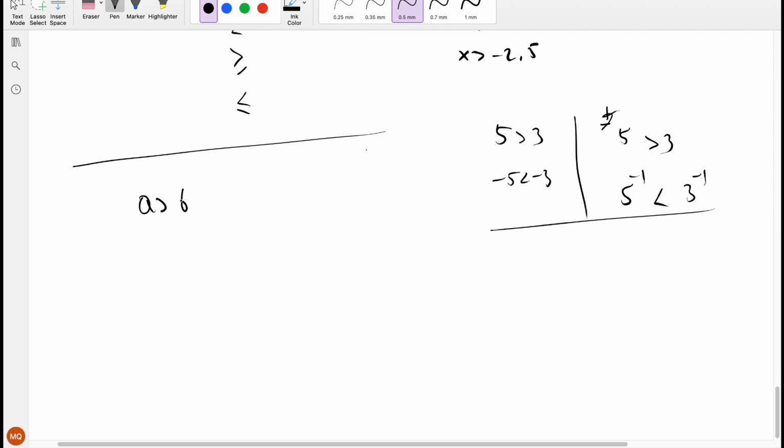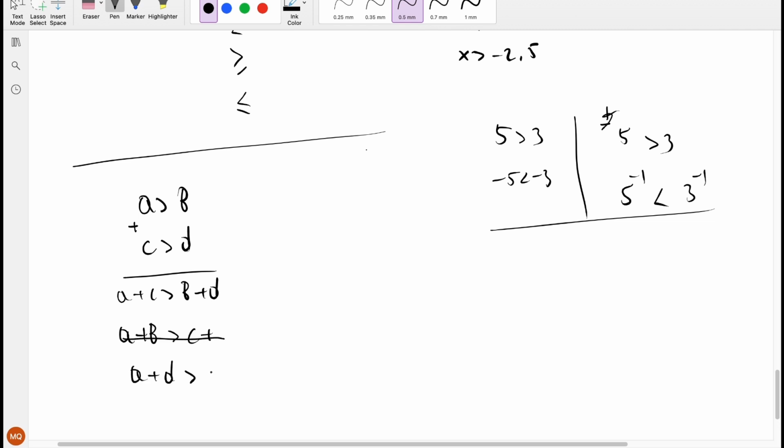When A is bigger than B and C is bigger than D, you can add the greater sides: A plus C is greater than B plus D. But you cannot write A plus D is greater than C plus B. It is not correct.